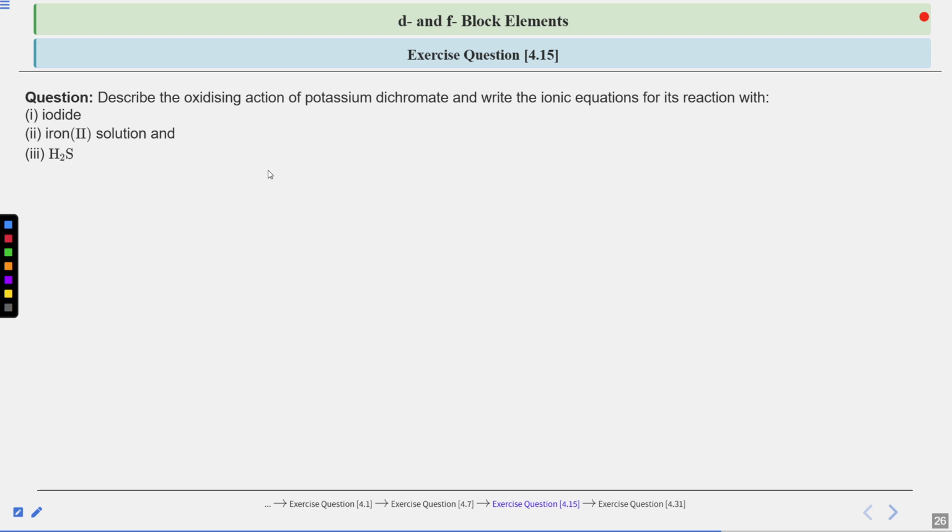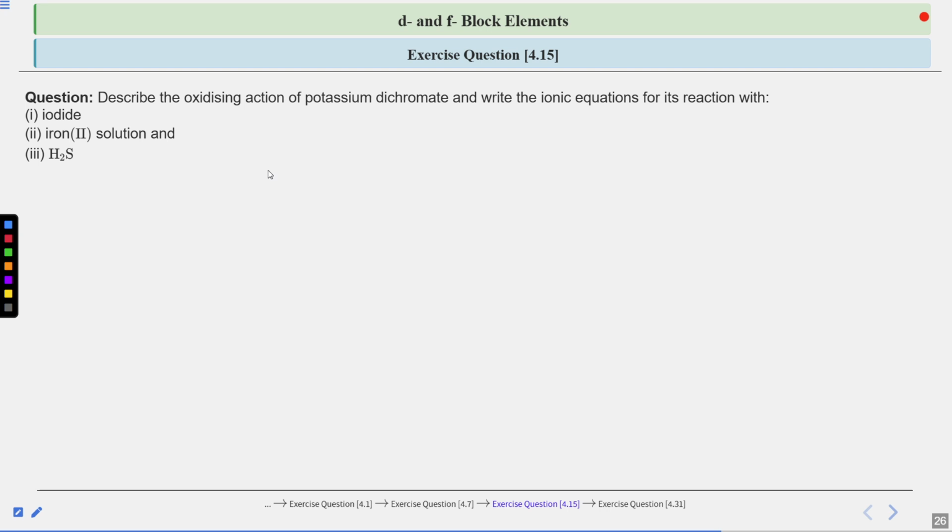Okay, let's solve another exercise question, which is 4.15. Describe the oxidizing action of potassium dichromate and write the ionic equations for its reaction with iodide, iron(II) solution, and hydrogen sulfide, H2S.